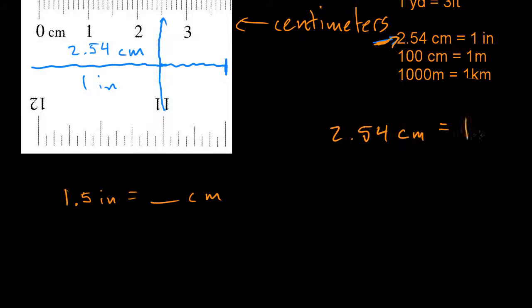And to figure out how to convert between the units on either side, I'm going to look for the 1. So here's 1 inch. And if I want to turn 1 into any other number when I convert, especially with units, I just multiply by the number I see on the other side. So that means to go from 1 inch to 2.54 centimeters, I just multiply the number of inches by 2.54.